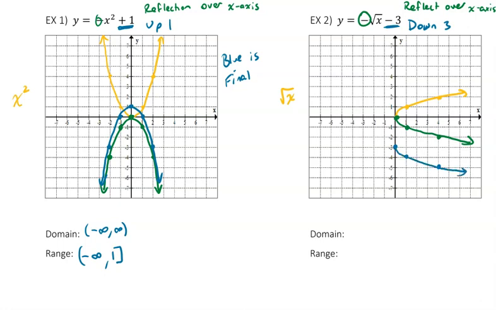And then we're going to draw that upside down eyebrow again. The domain of our new function is going to be 0 to infinity. And the range will be -infinity all the way up to -3.